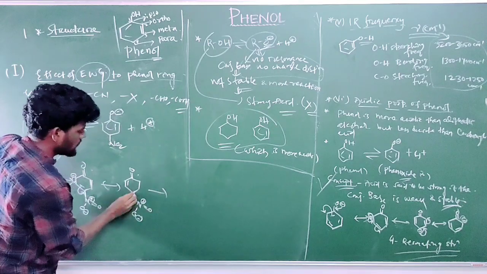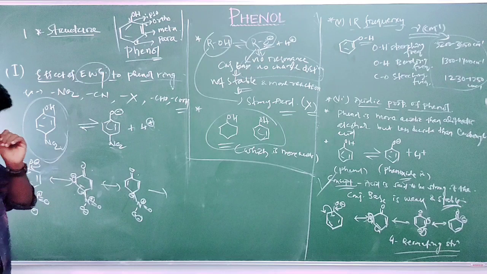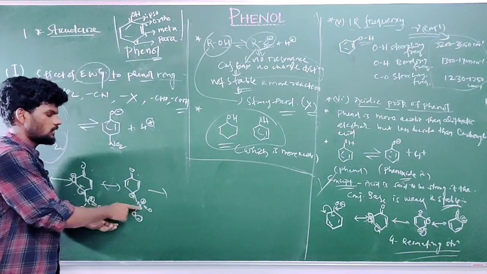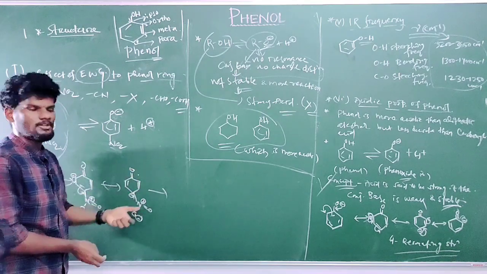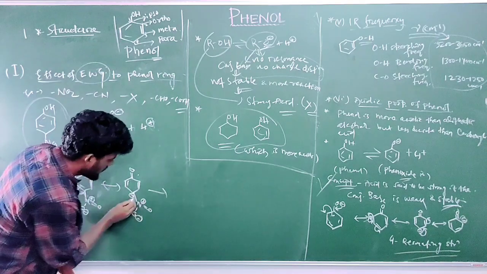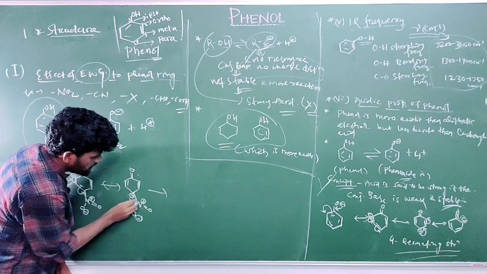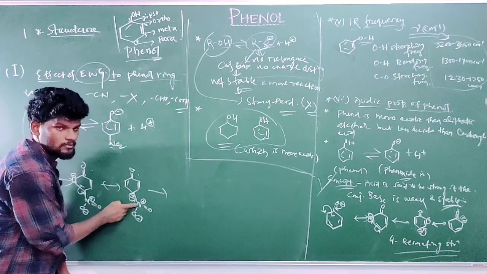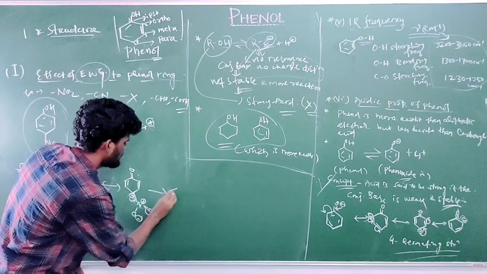In the next step, nitrogen is an electronegative element, and a positive charge on an electronegative element makes it more electron deficient. So the negative charge, instead of moving this way, will participate in resonance with the nitro group, donating electrons so that the double bond moves over to oxygen.